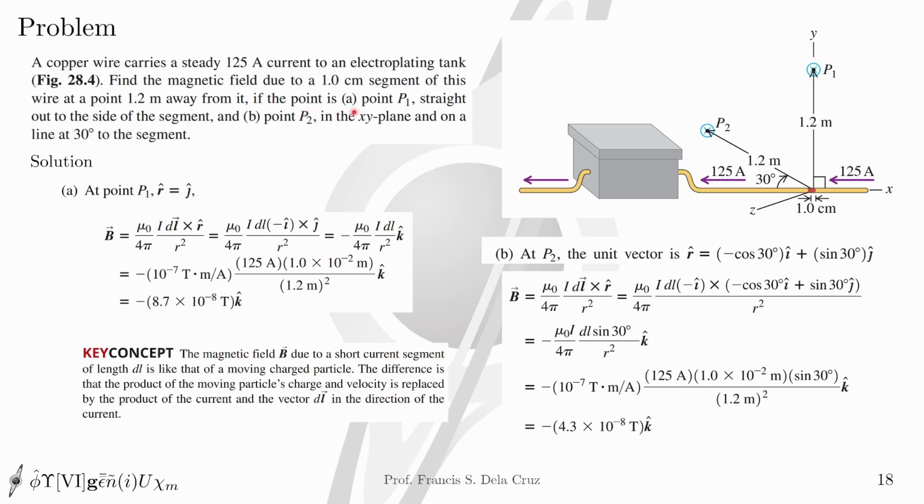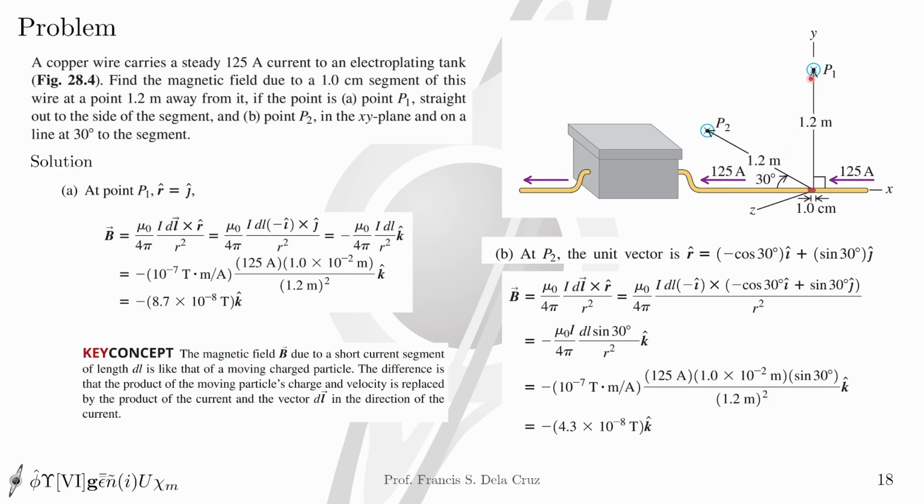If the point is point P, I think this is along the y-axis, straight out of the side of the segment. Point P is in the xy plane, not on the z axis, but inclined by 30 degrees, on a line at 30 degrees to the segment, as you can see in this figure.